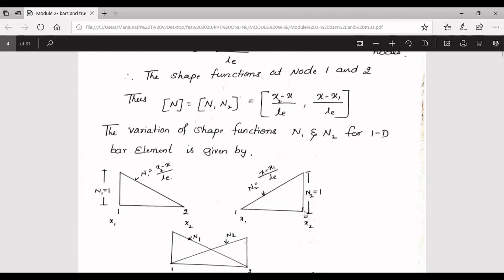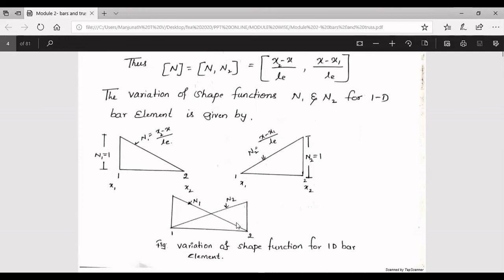Now at node number 2, the N2 value will be 1, and it is going to decrease towards node number 1. Substituting the x values at different points, we can get the different values of N2. So for the overall element, we can have the shape variation at node number 1 and node number 2.